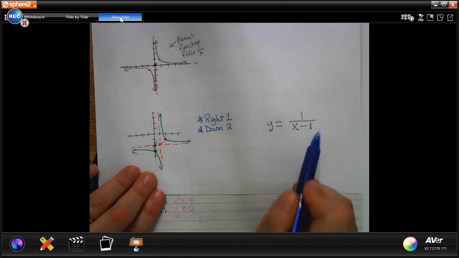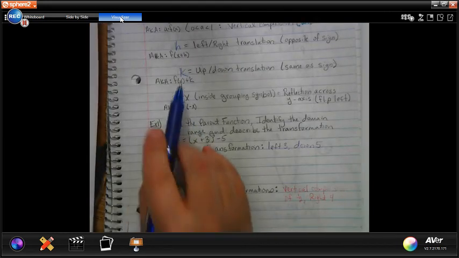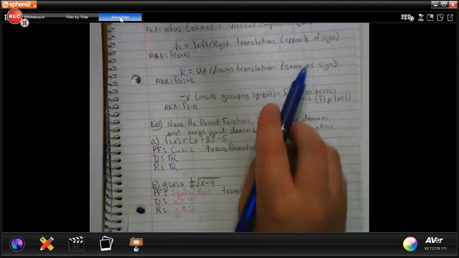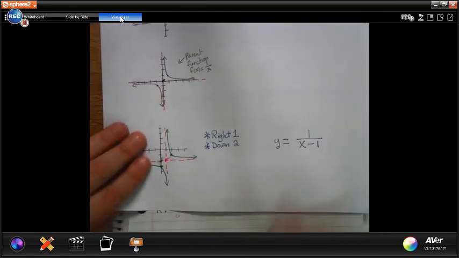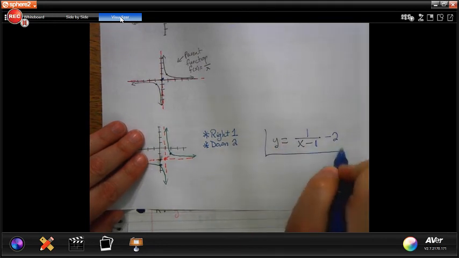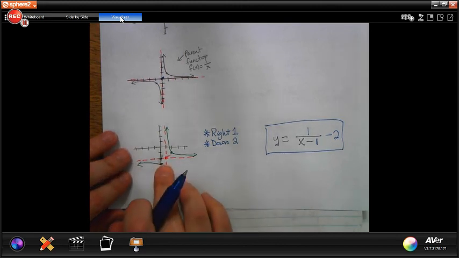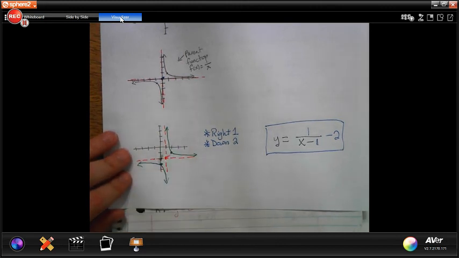It's already minus, so there we go. And then down 2, which is K, which is after the grouping symbol, same as the sign. Down 2 is minus 2. This would be your function or equation for this picture.